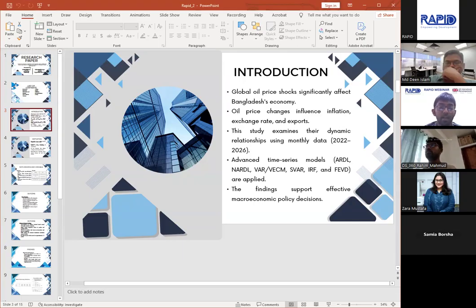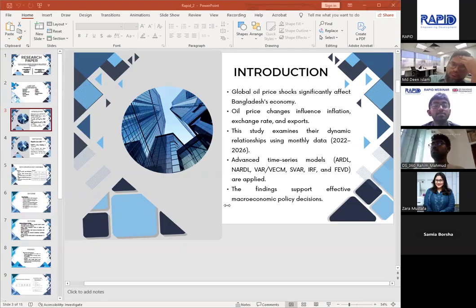More specifically, oil price changes influence three critical macroeconomic channels. The first one is inflation. It affects inflation through higher transportation and production costs. The second one is the exchange rate. It is affected through increased demand for foreign currency to finance oil imports. And the third one is exports, through cost-push effects on export-oriented industries.